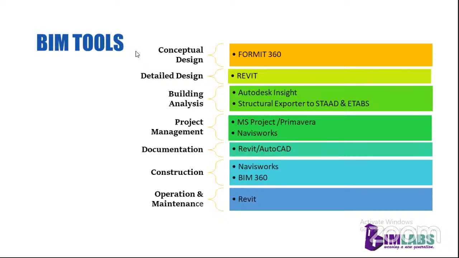And for 2D drawings, we can go for AutoCAD. When coming to the construction part, there are Navisworks and BIM 360 Cloud also. And next is operation and maintenance. For that purpose, we are using the Revit software.